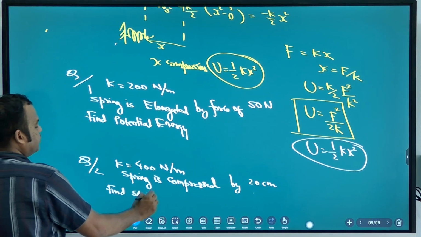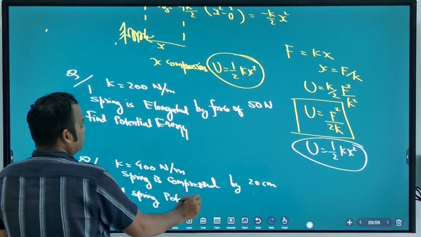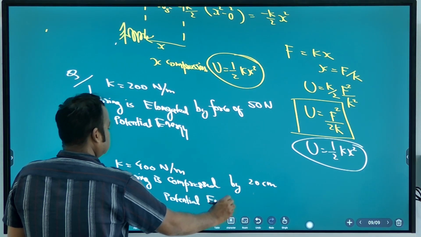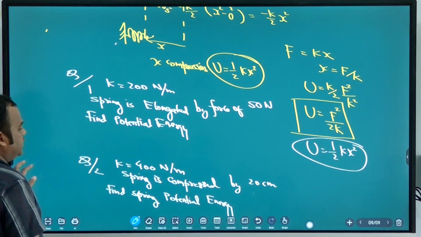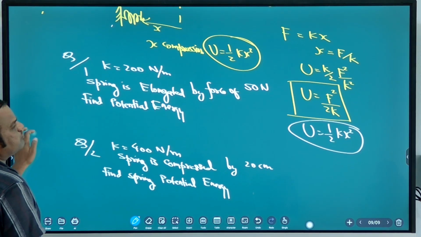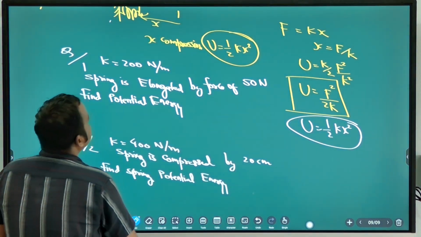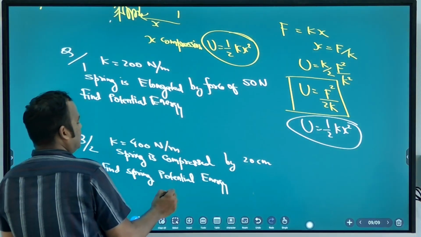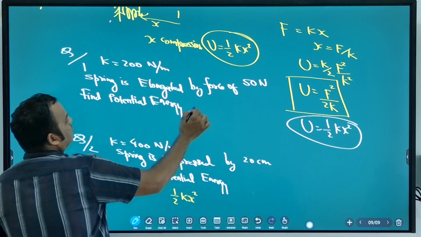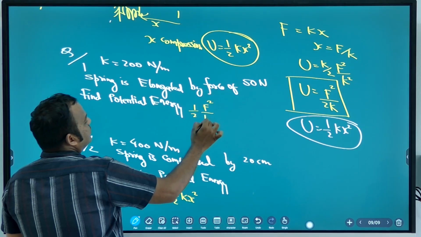Find the potential energy stored in the spring. Okay, clear? So memorize the formula. The potential energy of a spring is half kx square. What formula will you use for question number 2? Half kx square. What formula will you use for question number 1? Half F square by k.